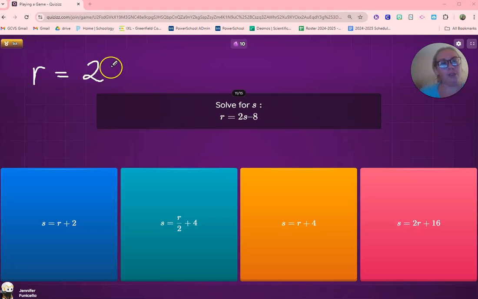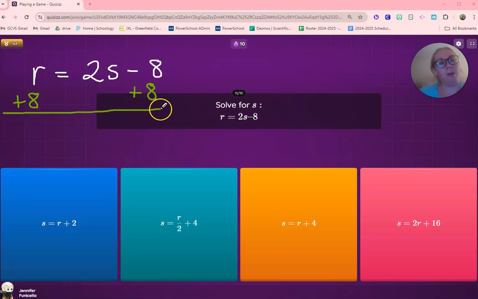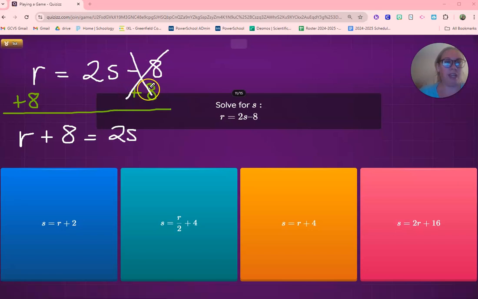R is equal to 2 times s minus 8, and we're solving for s. So we want to move that negative 8 first by doing our opposite operation. So we have r plus 8 equals 2 times s. Negative 8 plus 8 cancel out to 0. And then we want to get rid of this positive 8. I'm sorry, my bad. That's not what we're doing. Oh, okay, I'll just erase that and write it over.